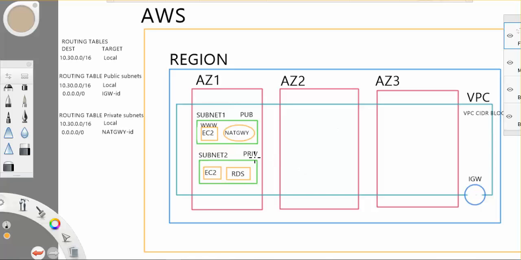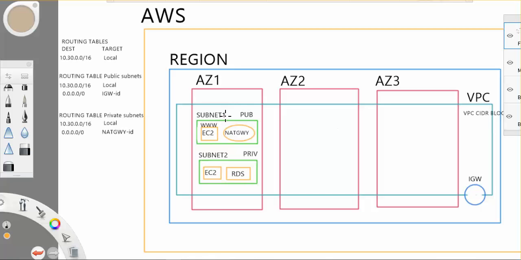So the next thing that I want to explain to you is, as I mentioned before, we selected this CIDR block that is 10.30.0.0/16. And then I said that we're going to split it into smaller pieces, so then we can give a certain range of values that subnets can use.